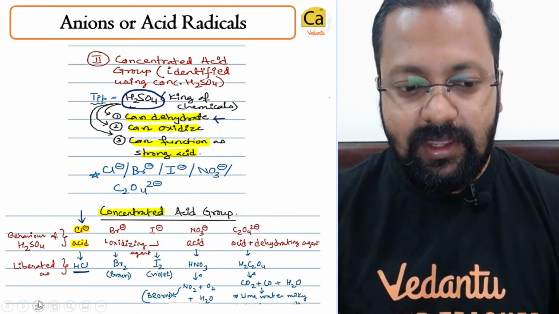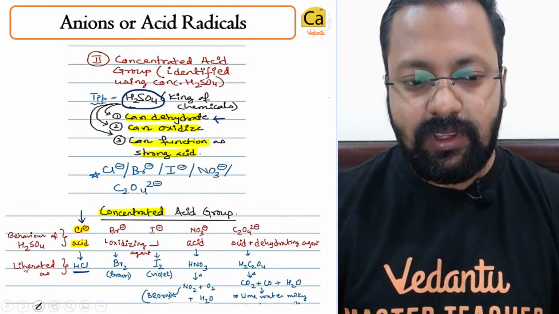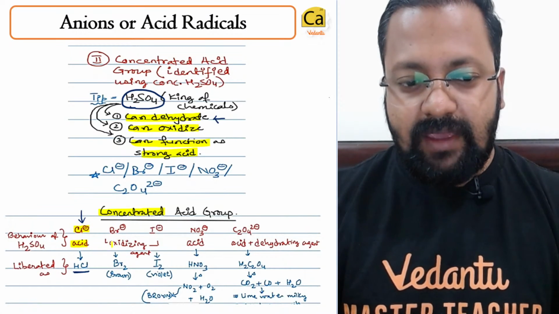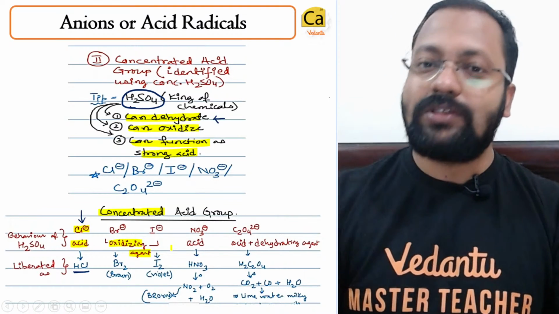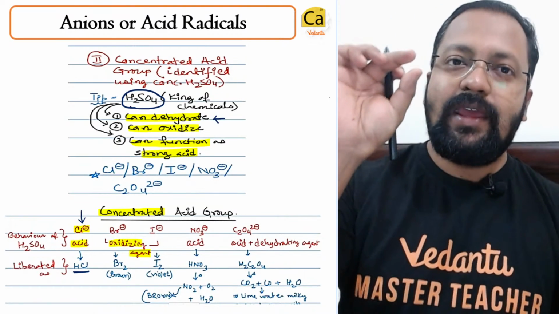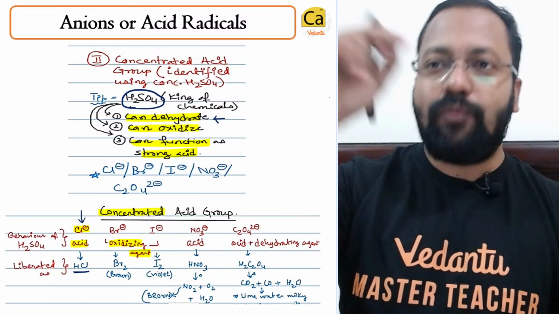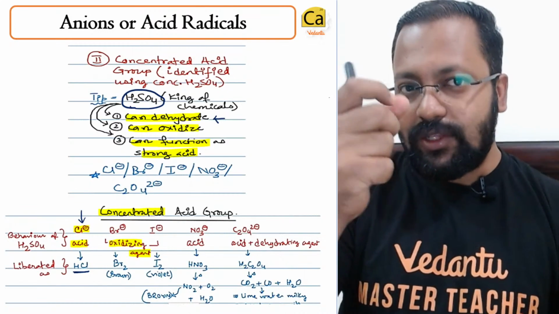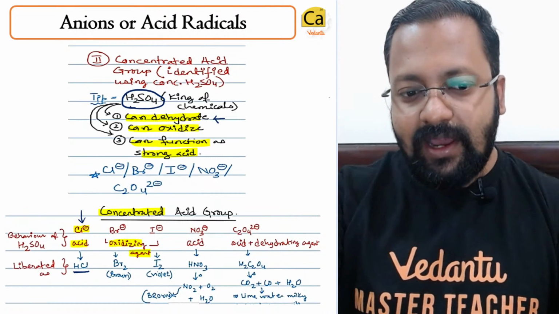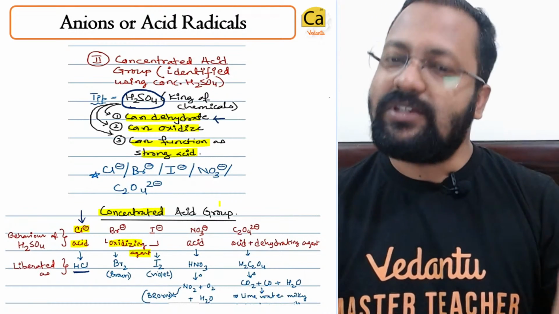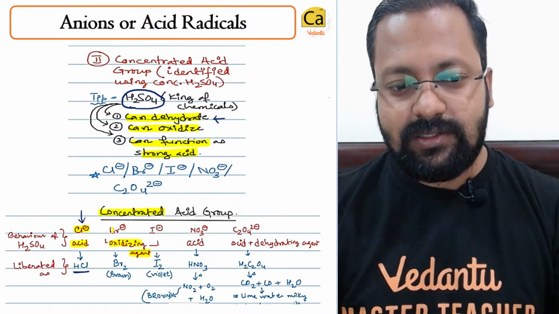Please look over here. That means if I take bromide and put that in H2SO4, then H2SO4 will try to remove electrons from bromide and will convert it into bromine, which appears as a reddish brown gas.